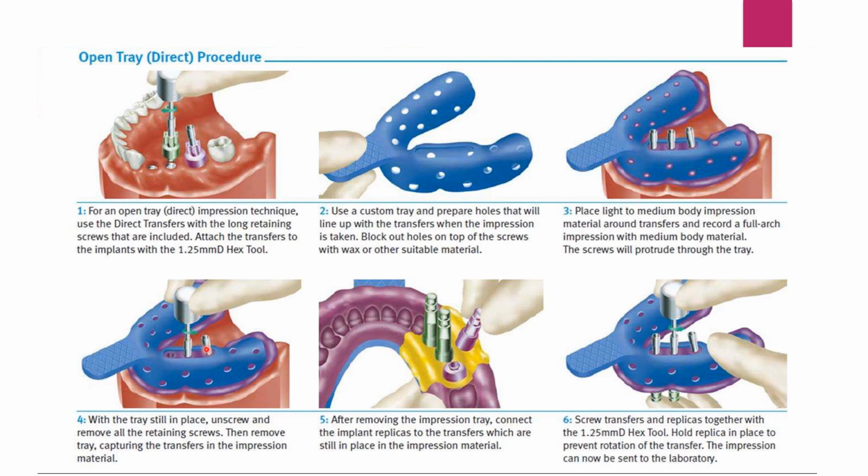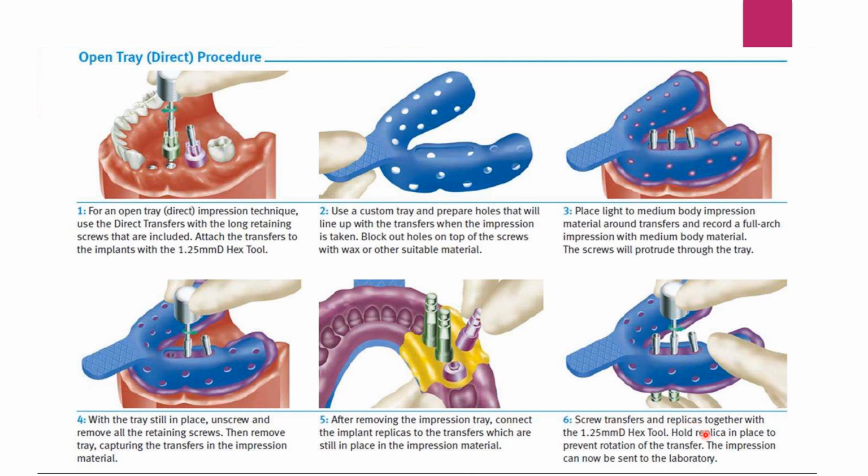Now with the tray still in place, unscrew or remove all the retaining screws. Then remove the tray, capturing the transfer in the impression material. Okay, so this portion basically. After removing the impression tray, you have to connect the implant replica to the transfer, which are still in place in the impression material.